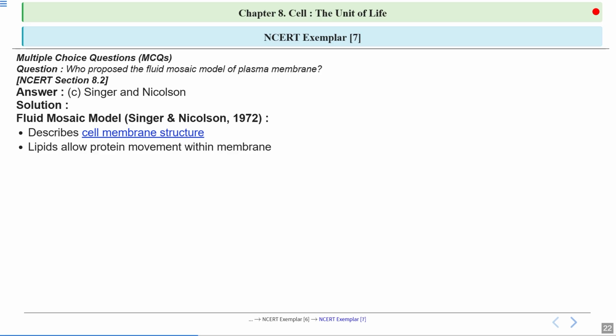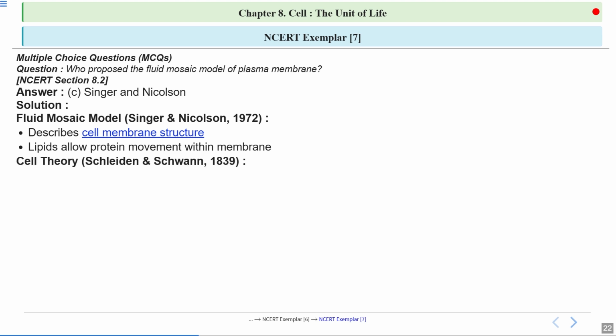Within the plasma membrane, some integral proteins are also present, integral proteins and peripheral proteins. So this phospholipid allows the movement of the proteins in the membrane. That's why it is known as the fluid mosaic model, because proteins can move within the membrane.